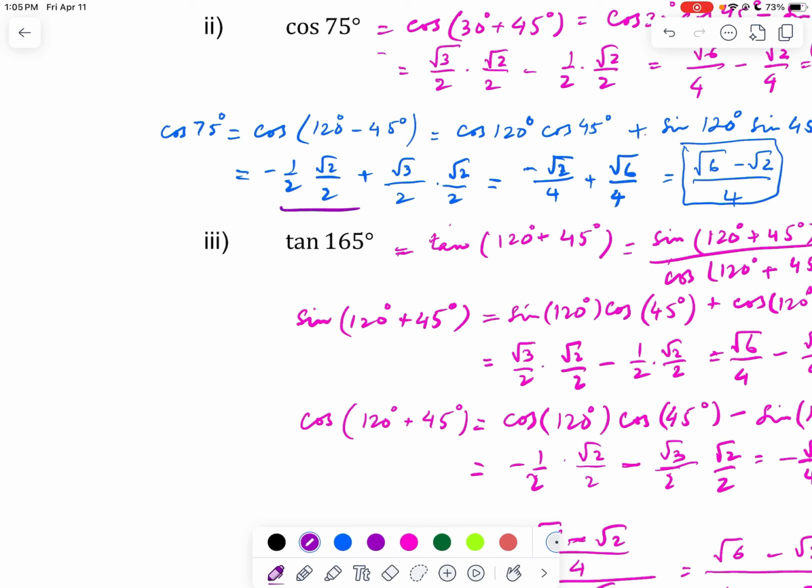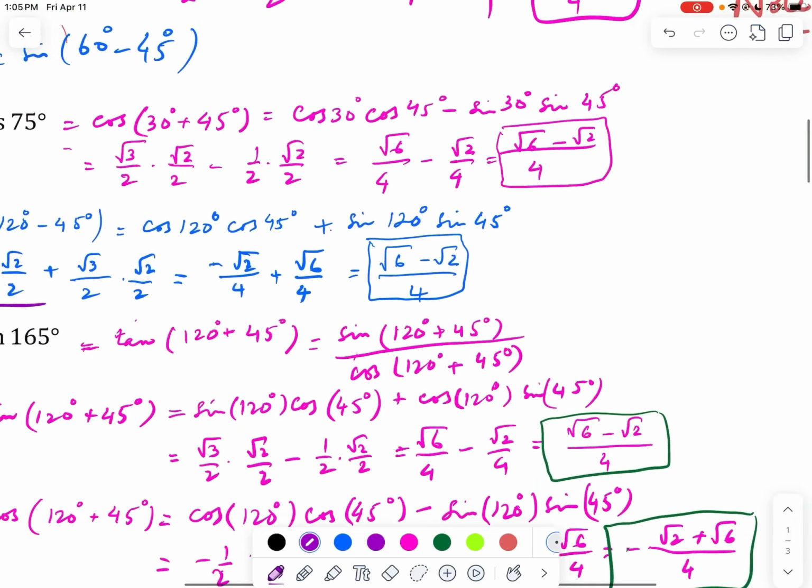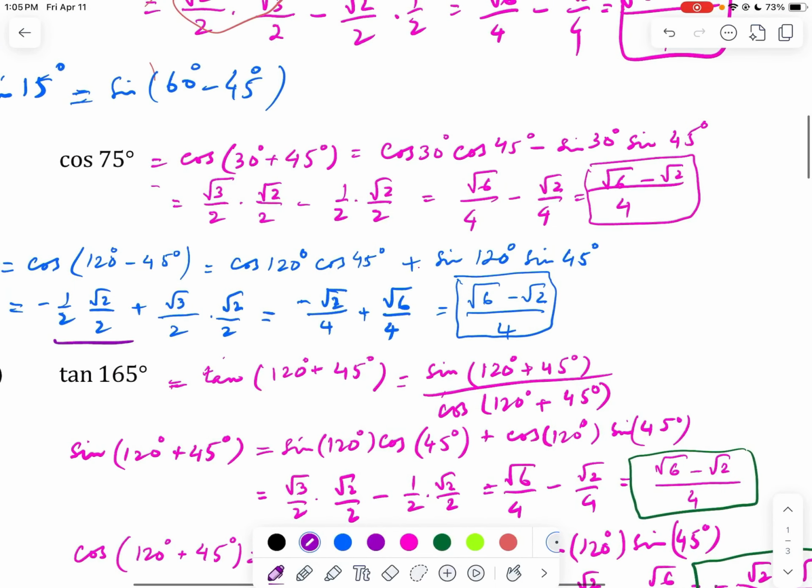Plus sine of 120, as I mentioned, is square root of 3 over 2. And sine of 45 is square root of 2 over 2. So we multiply and take the common denominator. We end up getting this as our answer, which is the same as what we had before.